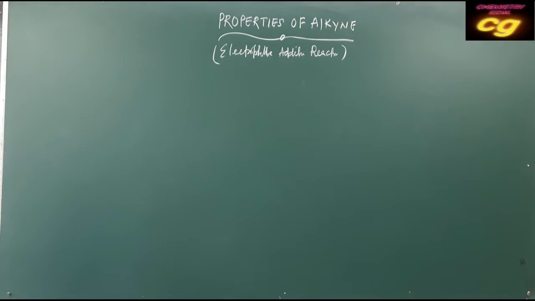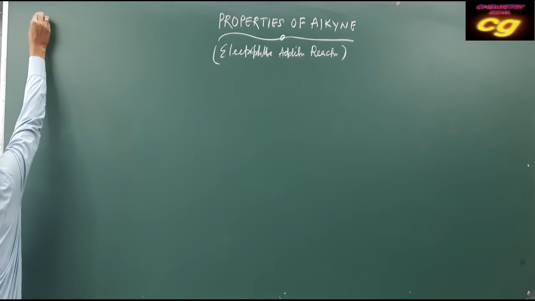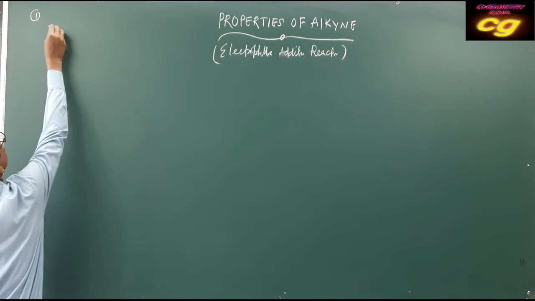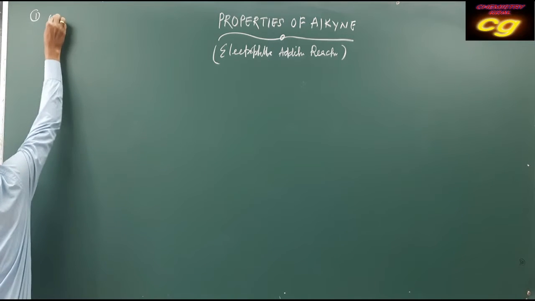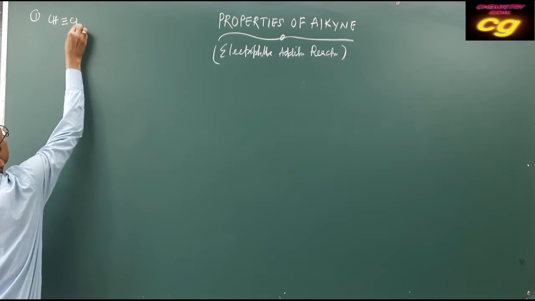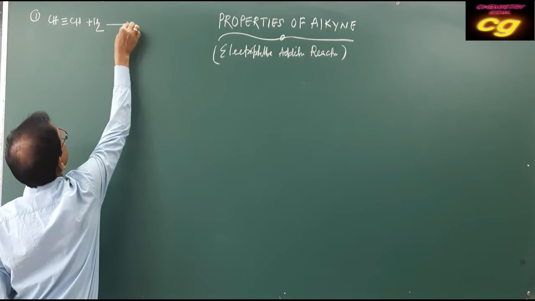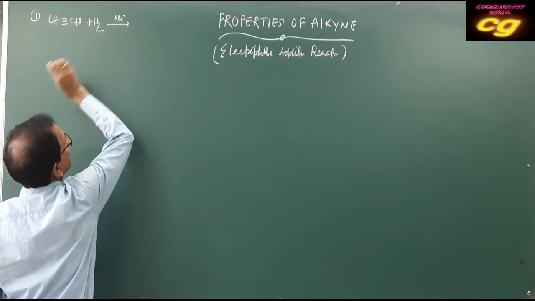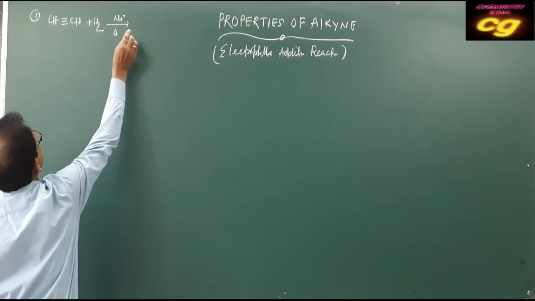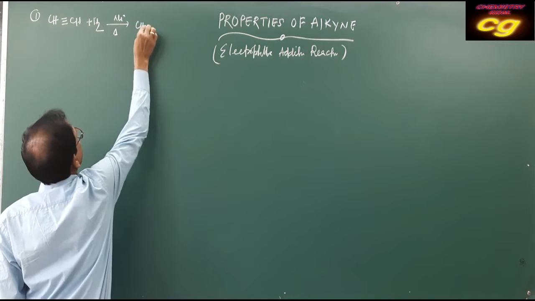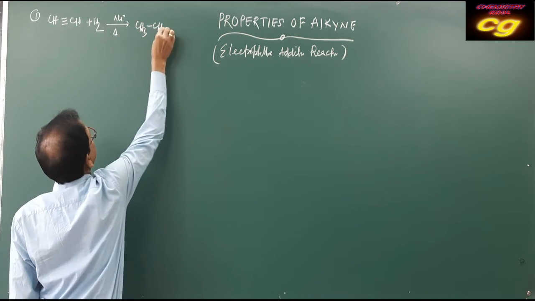So what are the different electrophilic addition reactions? We'll discuss. First is with hydrogen. If added with hydrogen in the presence of a nickel catalyst and on heating, it produces ethane.